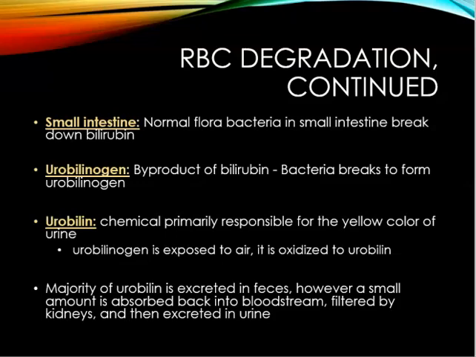But you get urobilin by urobilinogen being exposed to air, and it is oxidized. That's how you end up with urobilin. And just to note, the majority of urobilin is excreted in your feces, actually. However, a small amount is absorbed back into the bloodstream, filtered by your kidneys, and then excreted in your urine.